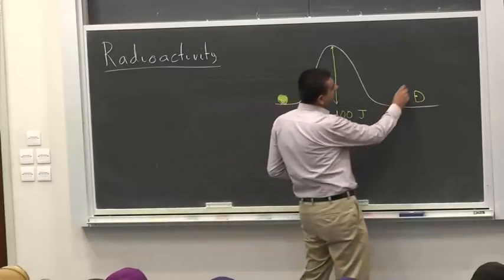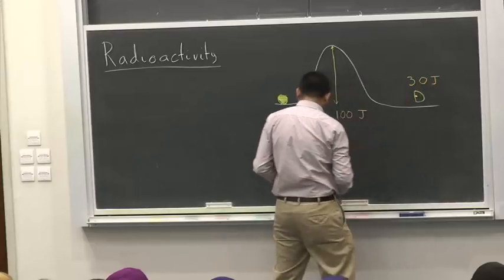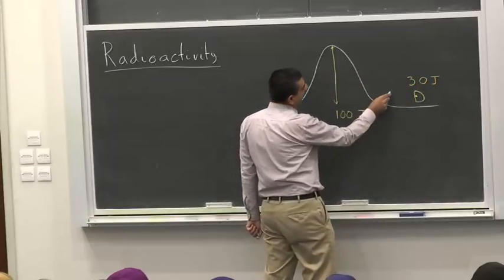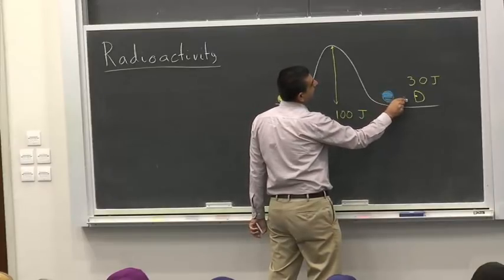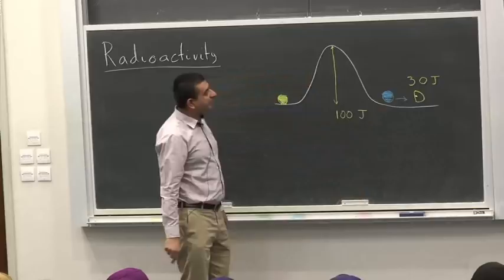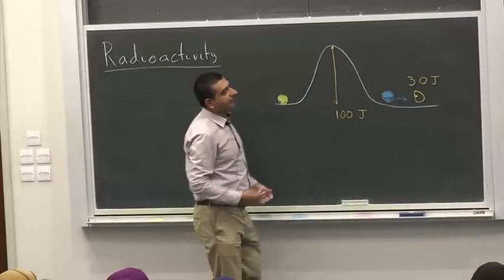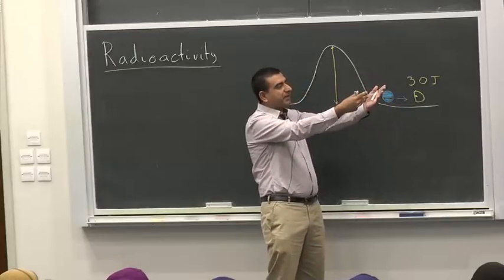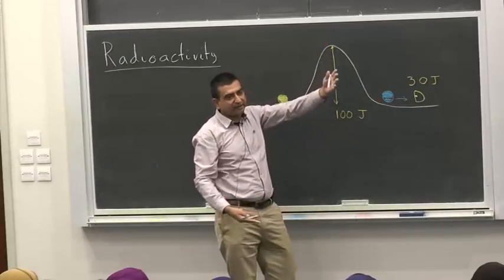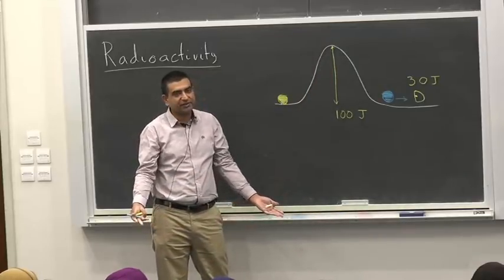Suppose the energy of this object is 30 joules, as it is observed on this side. Now, is this classically possible? That you're observing something that is approaching you from the other side of a mountain, it's surmounting a barrier, and the height of the barrier is 100 joules, but the energy of the object that you're observing is just 30 joules.